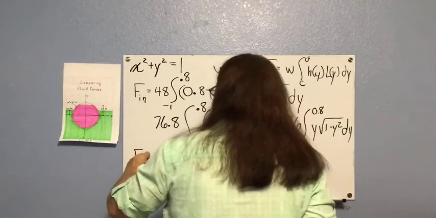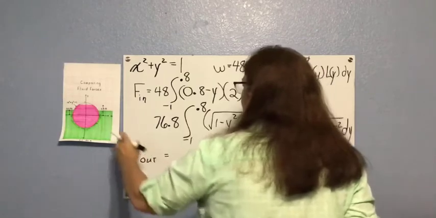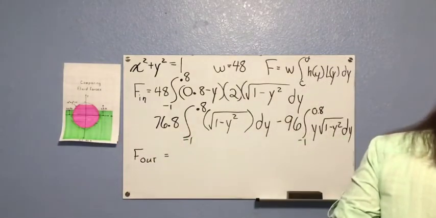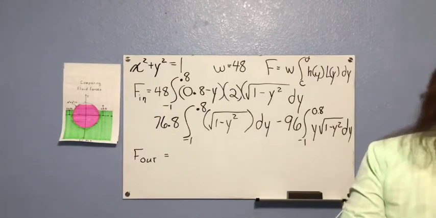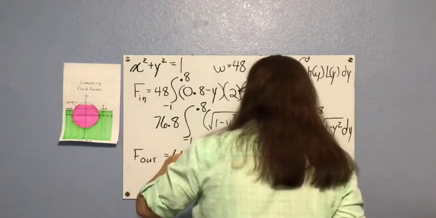Now we'll look at outside the barrel. And the barrel is floating in seawater. So the W value is 64.